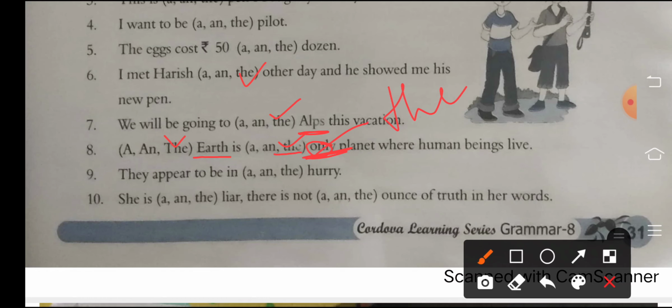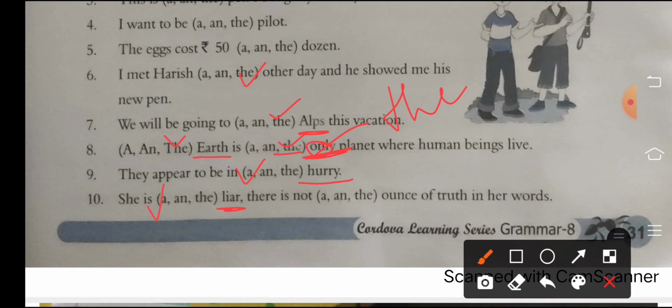They appear to be dash in dash hurry. So, in a hurry. They appear to be in a hurry. This is a common noun. She is dash liar. Liar means who speaks lies, right? So she is a liar. There is not dash ounce of truth in her words.